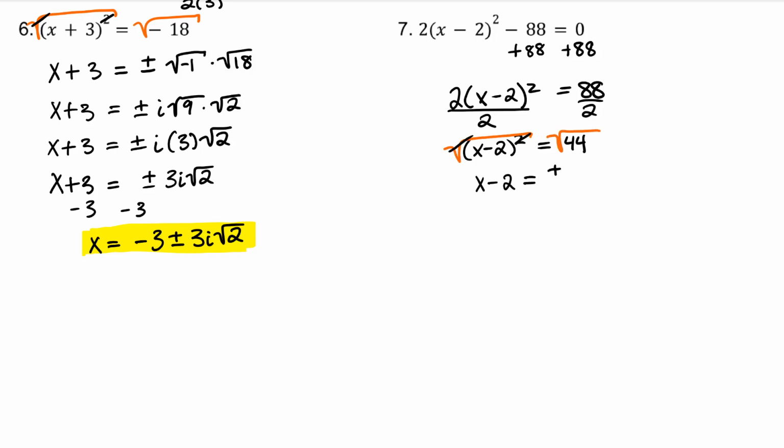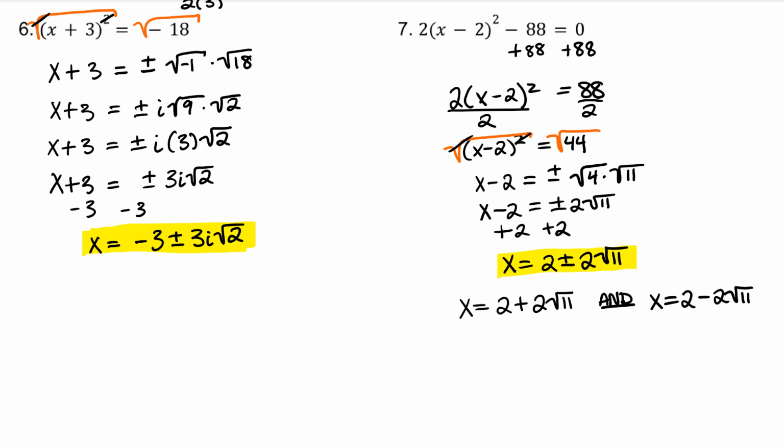Don't forget your plus or minus, and we can simplify this radical. There's a perfect square that goes into 44.